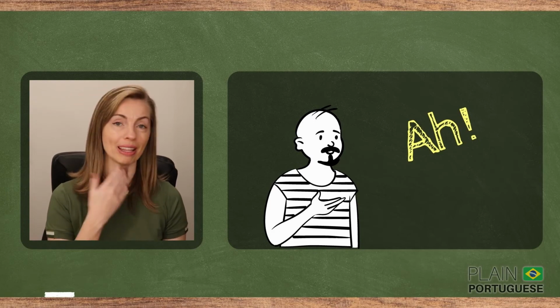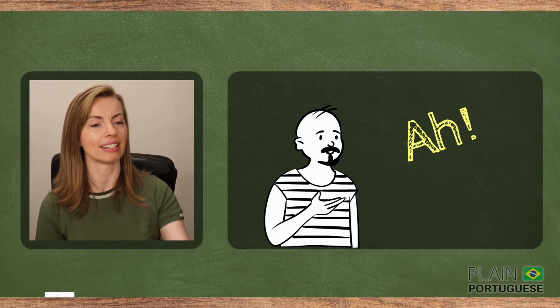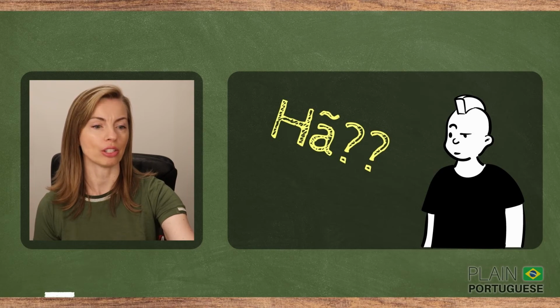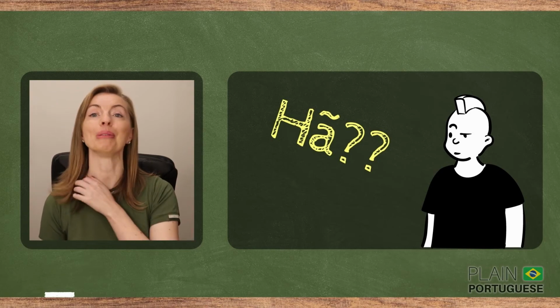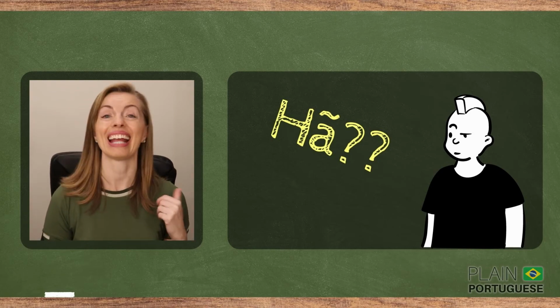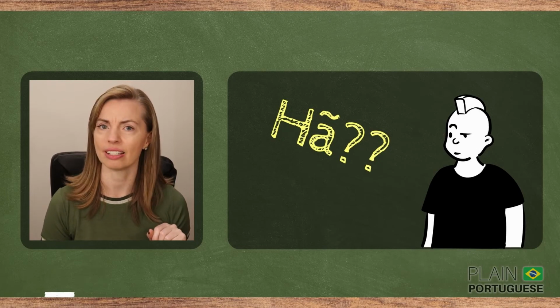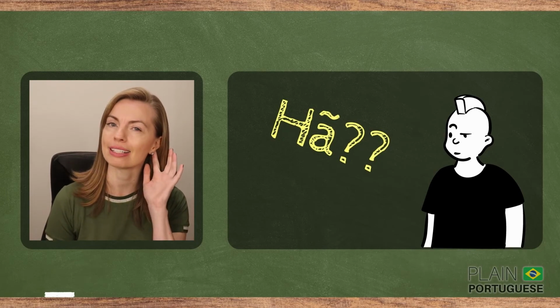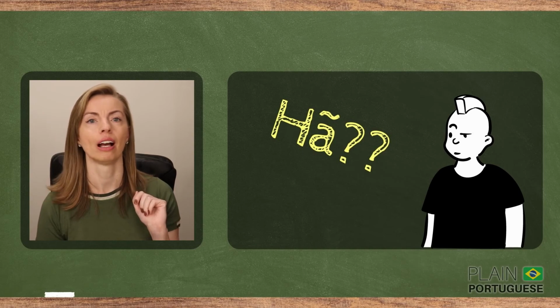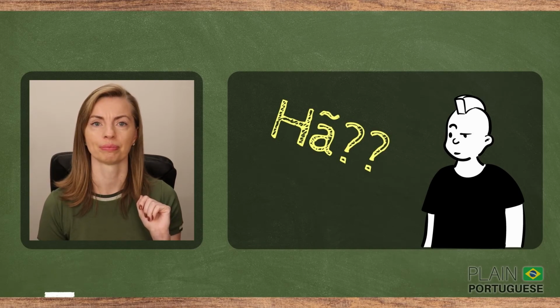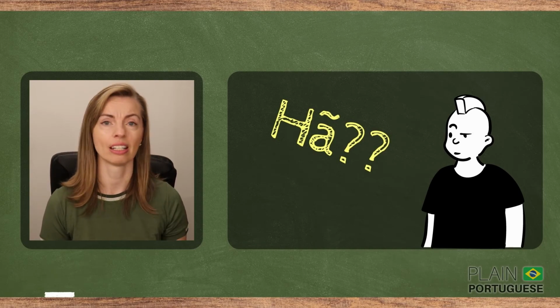Yes, there is an H, but the H is silent. Another common interjection in Portuguese that we can use when we don't understand something or didn't hear what the person said. So the H is silent.